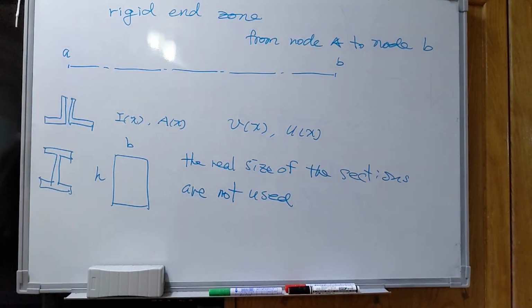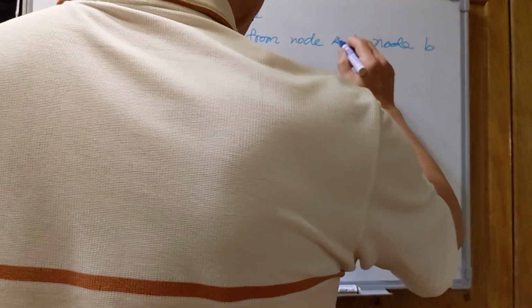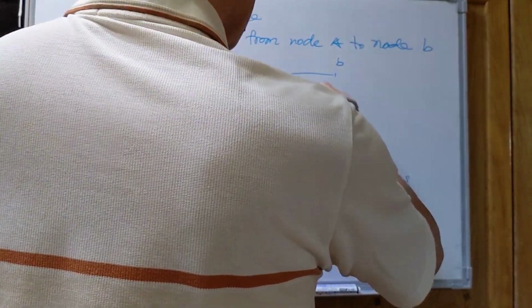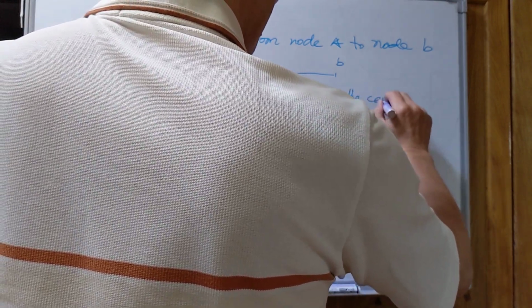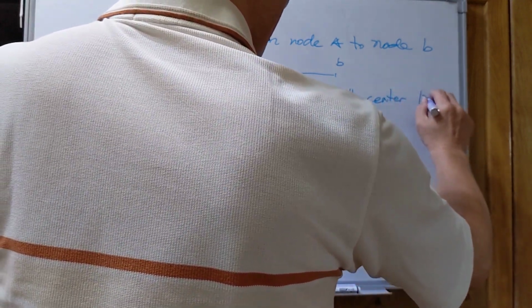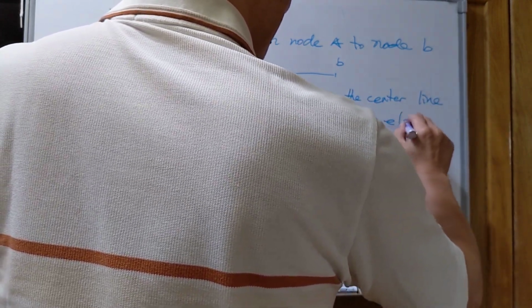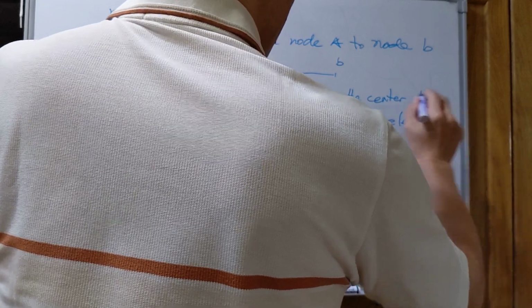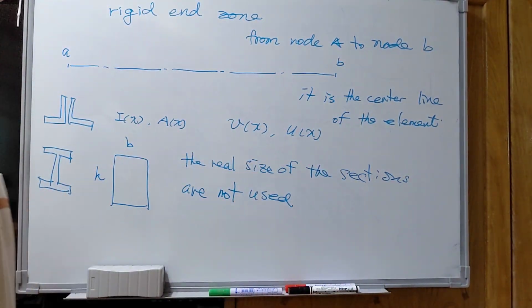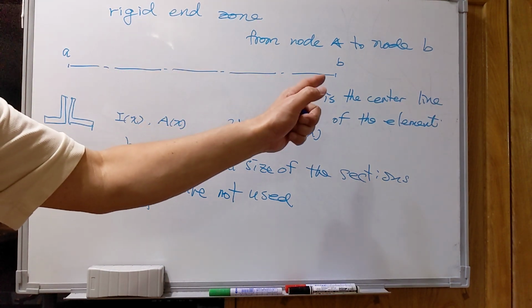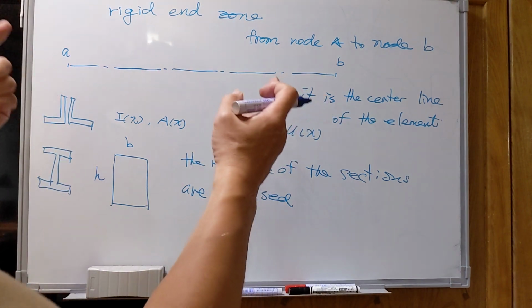From node A to node B, usually we think of it as the center line of the element. We define the center line of the beam element or truss element, whatever.